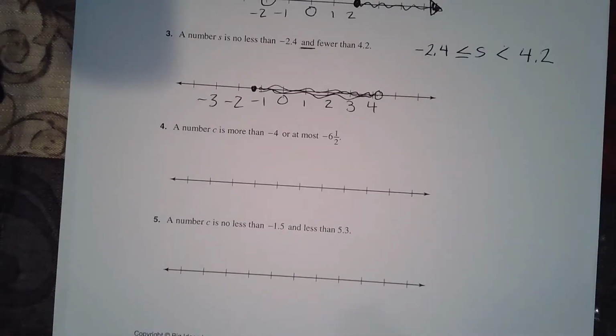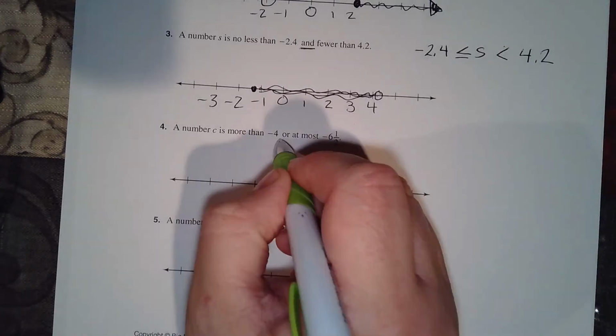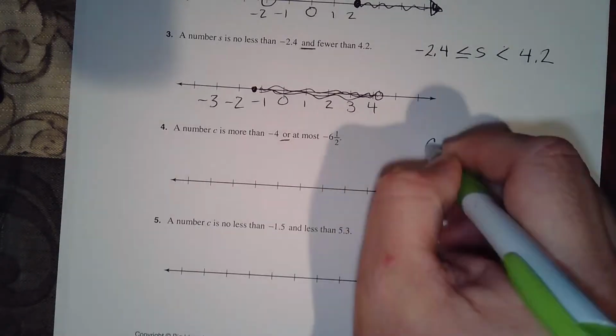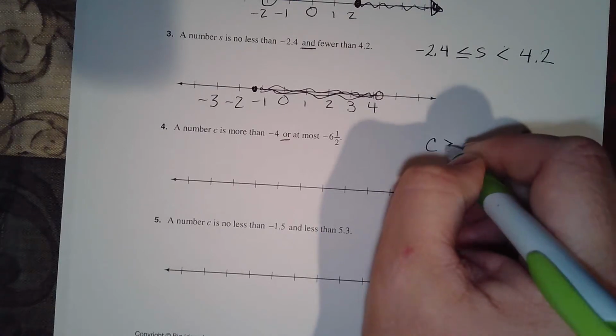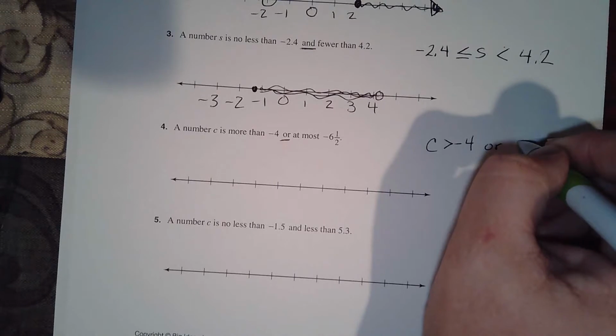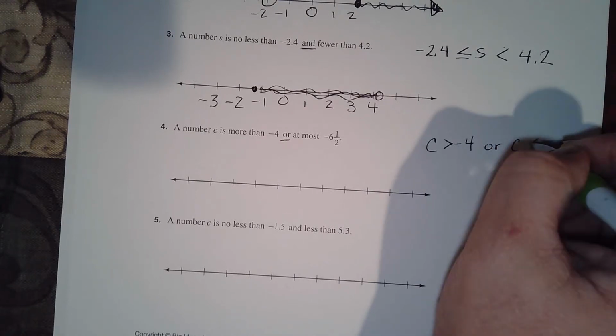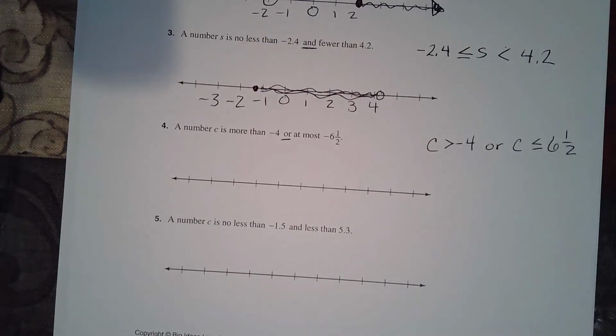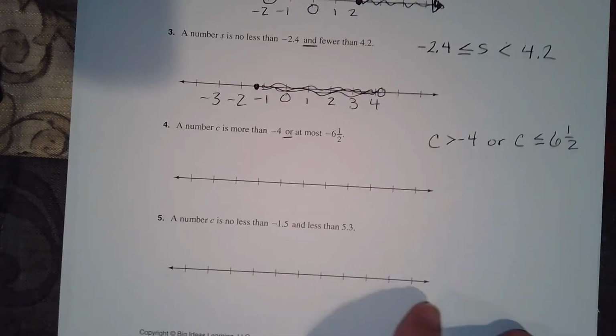A number C is more than -4 or at most -6.5. Now, at most means I include it. So C is more than -4 or C is at most -6.5. So I'm going to skew my line over a little bit here with 0 so that we have room.